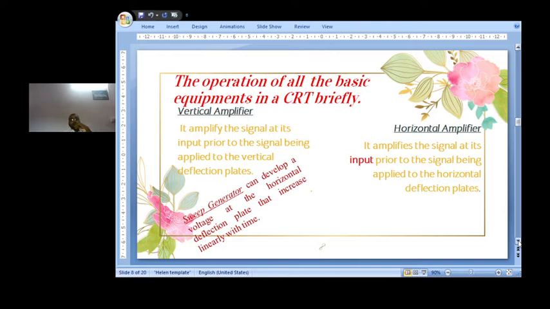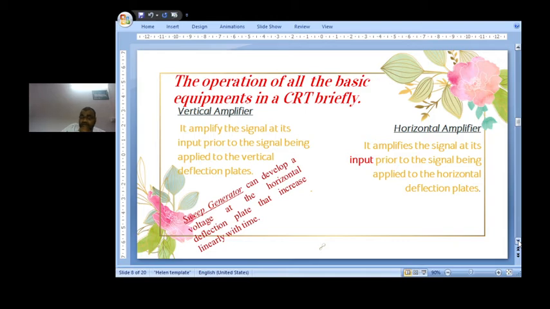Now the operation. All the basic equipment in the case of CRT is briefly discussed. The vertical amplifier can amplify the signal at its input prior to the signal being applied to the vertical deflection plates. The horizontal amplifier amplifies the signal at its input prior to the signal being applied to the horizontal deflection plates.